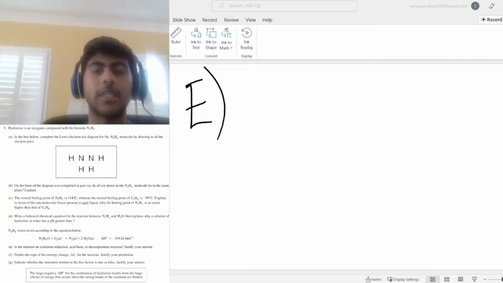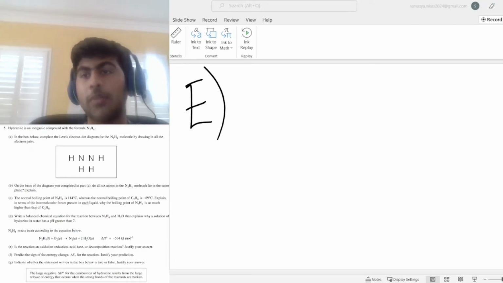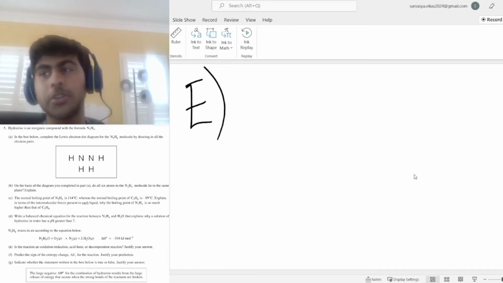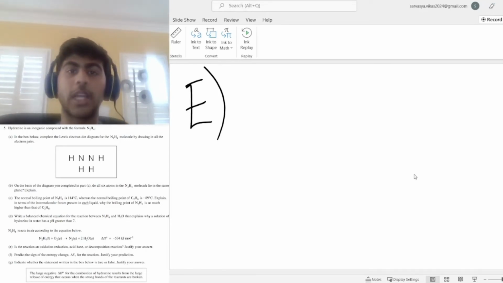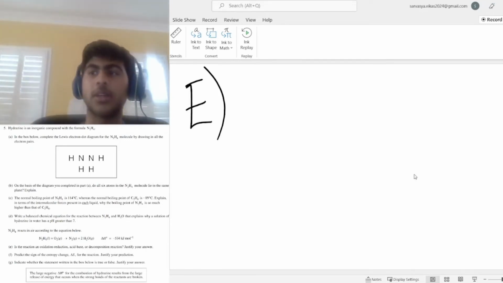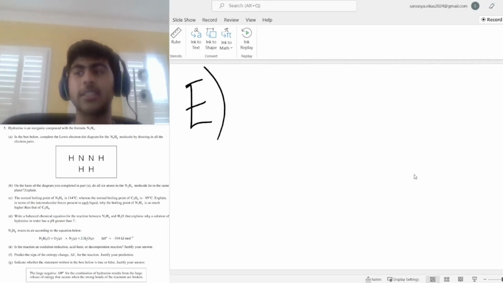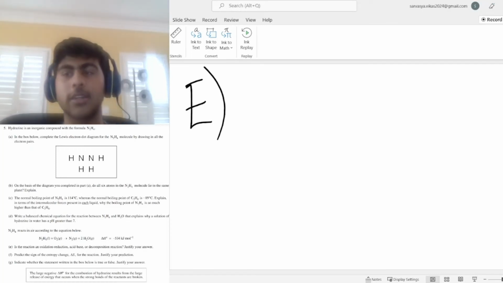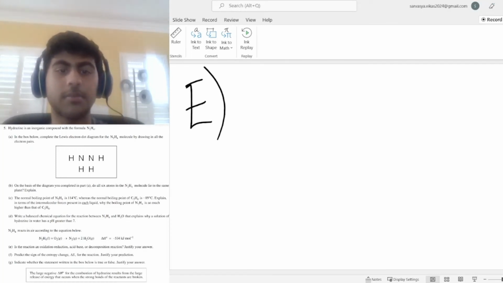In a decomposition reaction, you have one substance breaking into more substances. So it's not going to be decomposition because we already have two reactants. The acid base doesn't really seem right, since there's no acid and no base either. So it seems like it should be a redox. Let's write the reaction out and see.